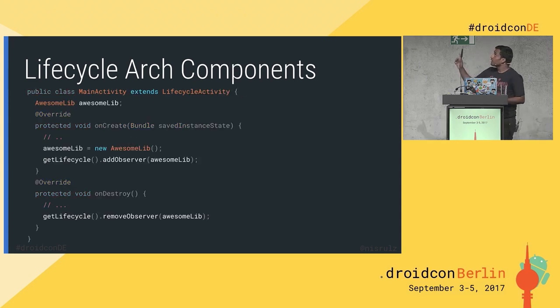And the way that you do it on the activity side is by extending from lifecycle activities and then adding it as an observer and removing it as an observer. That's it. For any other lifecycle events, when they occur, what function needs to get called is decided on your side, and it is not offloaded to the app developer anymore. It's all being handled by the library developer, and they make the best choices as to where this should be called.